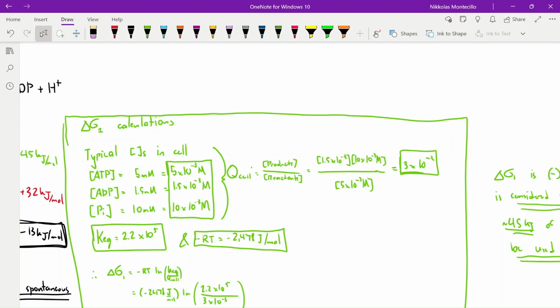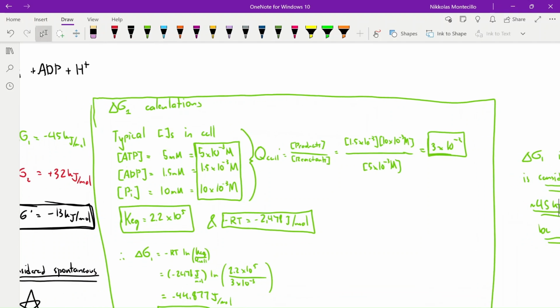The concentration of the inorganic phosphate is 10 millimolar. So you obviously want to convert these all into the same unit, which in this case I chose to convert them all into molar concentrations because that's just the standard way of how we really do calculations. You assume that the KEQ equals 2.2 times 10 to the 5, and negative RT equals negative 2478 joules per mole.